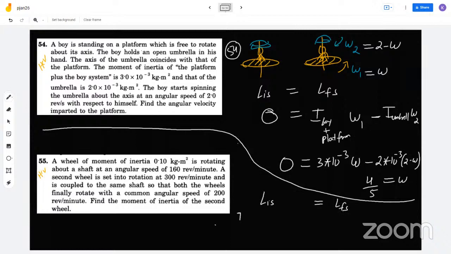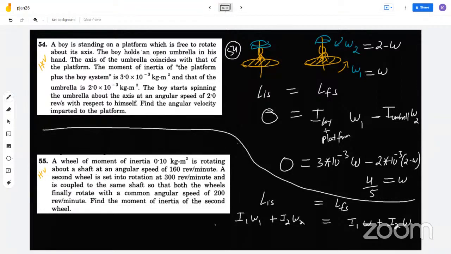Initially, the first disk has I1 omega 1 and the second has I2 omega 2, and afterwards they will rotate with a common angular speed, say some omega. So I1 omega plus I2 omega.